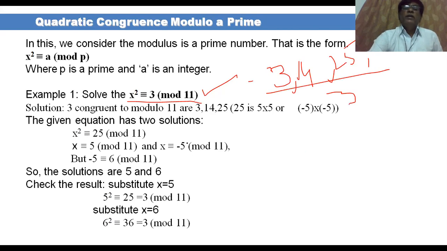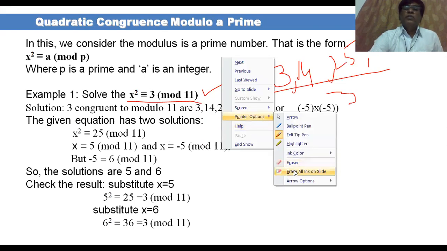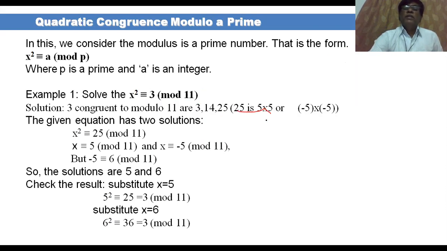That's why we take 25, which is 5 into 5, or minus 5 into minus 5. So here x square can be written as 25 mod 11. That means x square is equal to 25, so x is equal to 5 mod 11 or x equal to minus 5 mod 11.